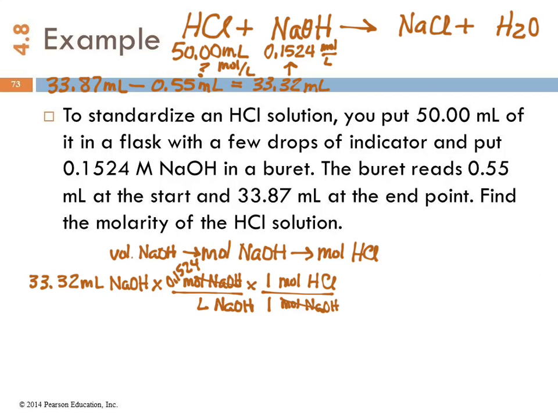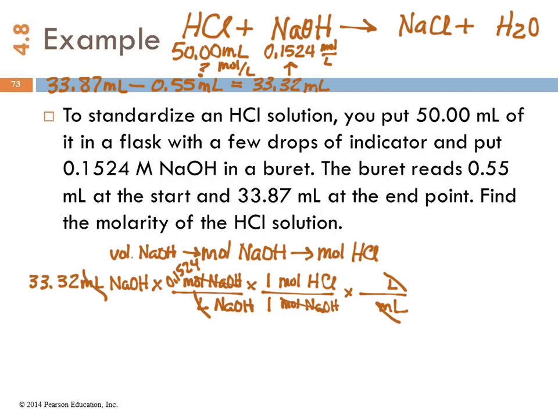We have to account for the milli in there. So we have liters on the bottom. I want to put liters on top. And we have milliliters on top, and I want to put those on the bottom because I want milliliters to cancel. And it's okay that we stuck it way at the end. They still cancel out. And now all our volume units went away.